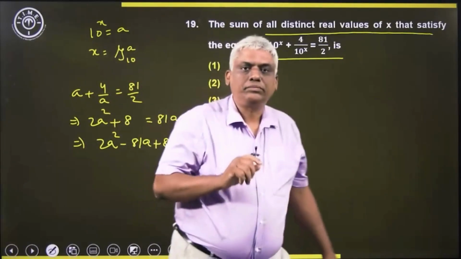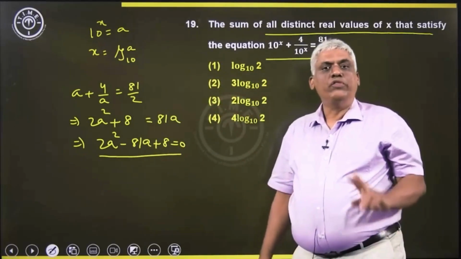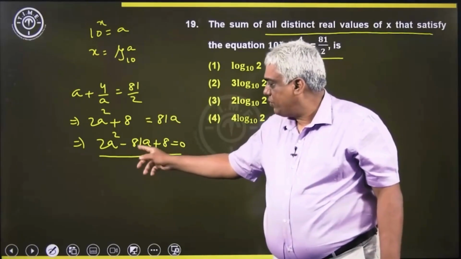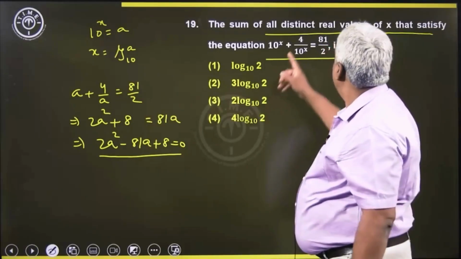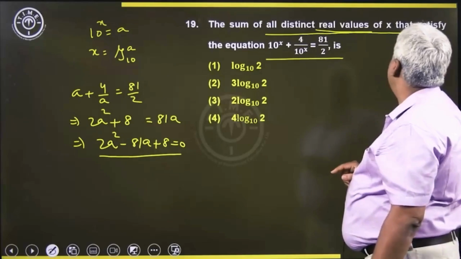Now, see, this is a quadratic equation, it will give you two values of a. If you check the discriminant b square minus 4ac, it is positive, so you will get two real values of a. Here they are asking the sum of all distinct real values of x.